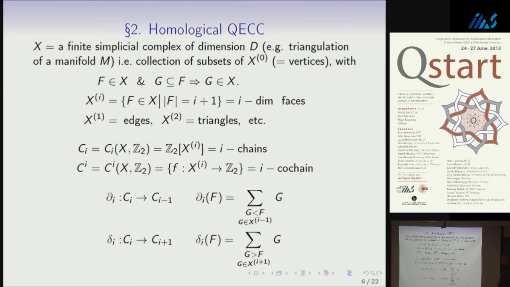Then you take C upper i to be all the functions from Xi to Z2, the i-cochains. You can think of these as two different sets: this is the vector space spanned by the chains, and this is the functions. But between you and me, this is the same thing.